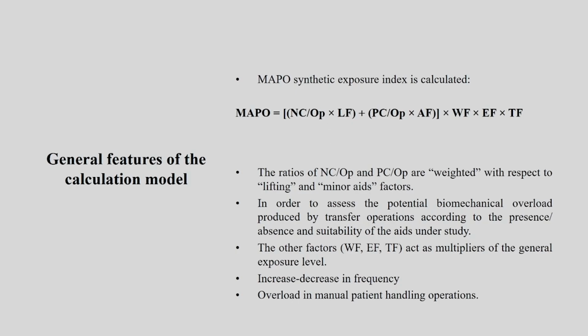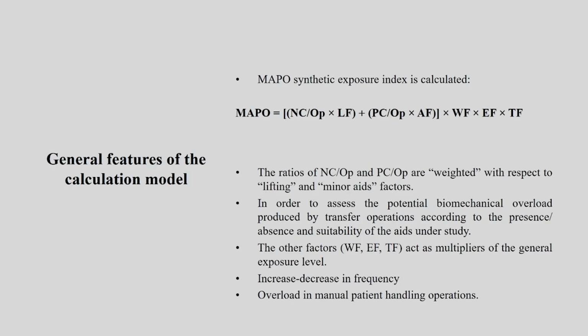The ratio of non-cooperative patients per operator and partially cooperative patients per operator are weighted with respect to the lifting and the minor aids aspect. This assesses the potential biomechanical overload produced by the transfer operation, according to the presence or absence and the suitability of the aids under study.